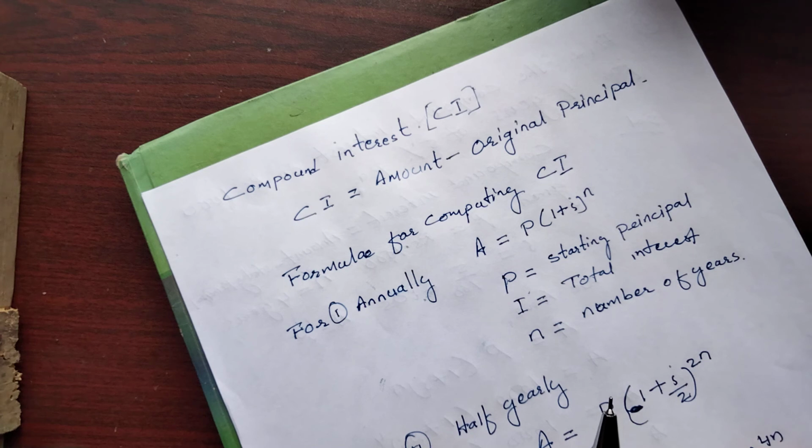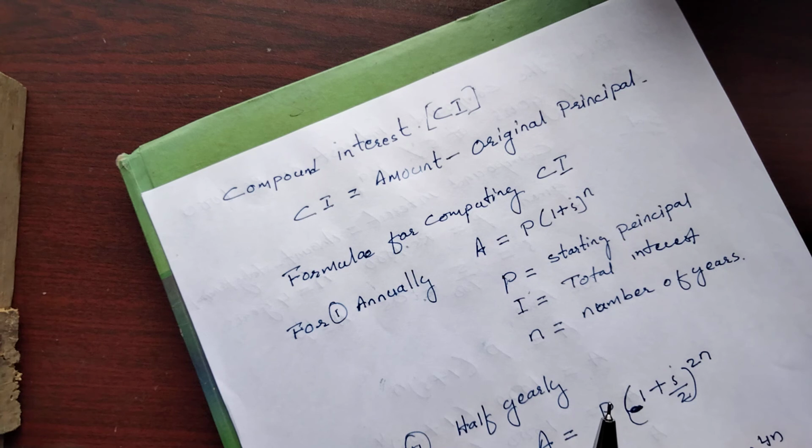When you are asked to find the compound interest of any principal amount, but the period is very long, that means you have borrowed money for 15 years, 20 years, then the procedure we followed yesterday is very long. It will be time consuming.